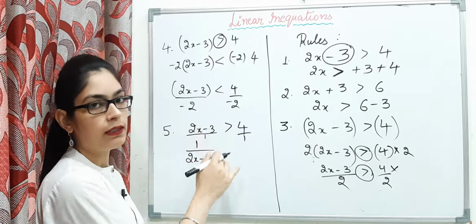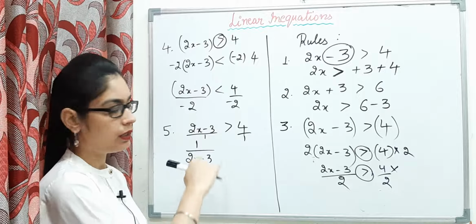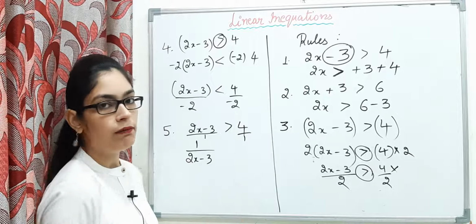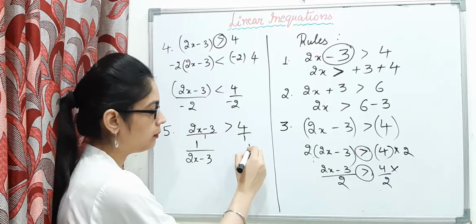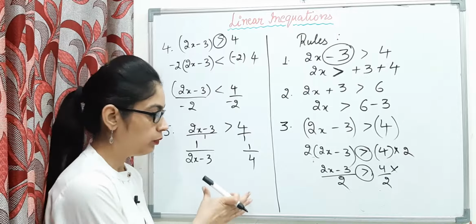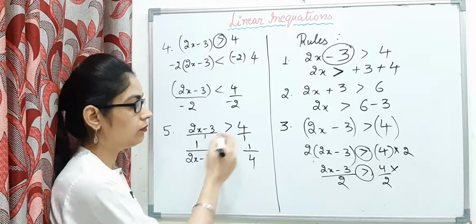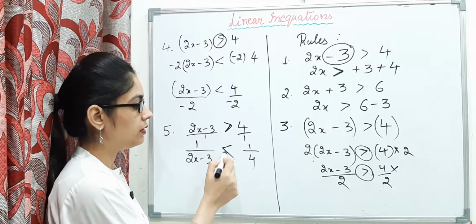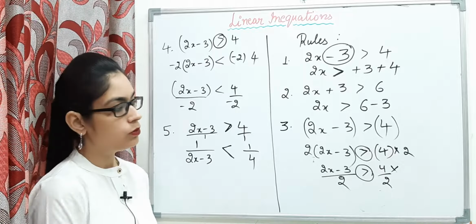So 2x minus 3 by 1, its reciprocal will be 1 by 2x minus 3, and 4 by 1 will change to 1 by 4. If I take the reciprocal of both sides, the sign of the inequation will also change. If it is greater than, it will change to less than. So these are the rules.